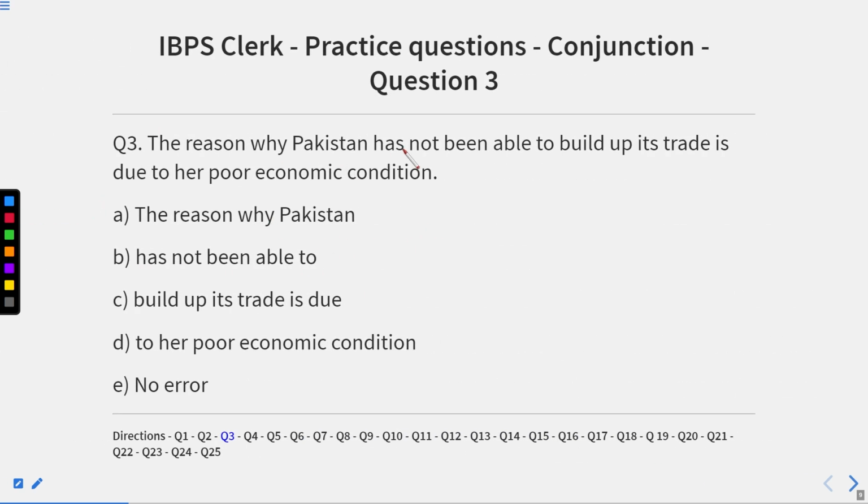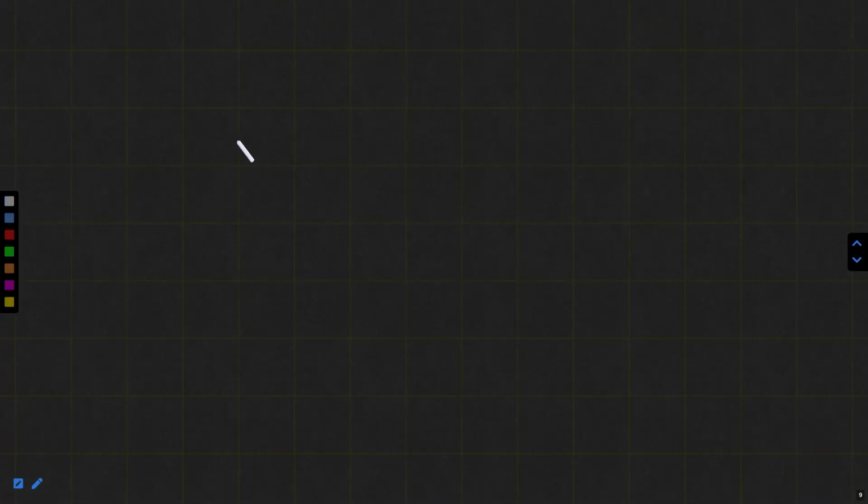"The reason why Pakistan has not been able to build up its trade is due to her poor economic condition." Now just guess what is actually the error in this question. Now let us discuss. Whenever we have the word "reason" in a sentence, it shows that the reason is already given to us.